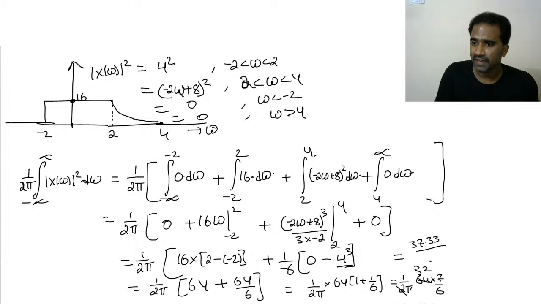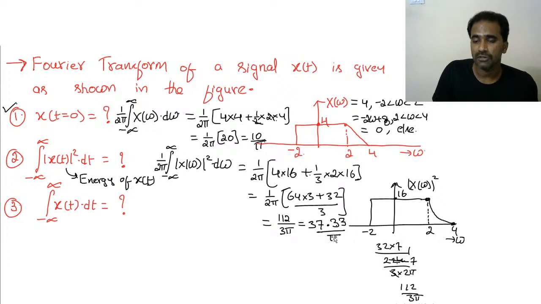So a little more than 5 multiplied with 7, 7 5s are 35, it should be a little more than 35. So if you calculate, exactly speaking it is 37.33 divided by pi. So that is what we got previously also.